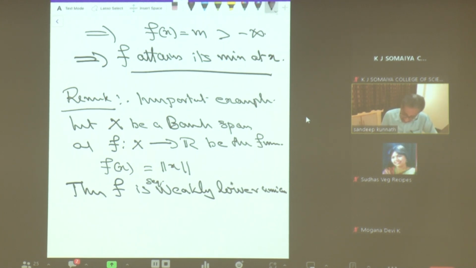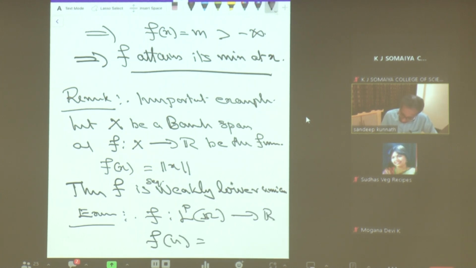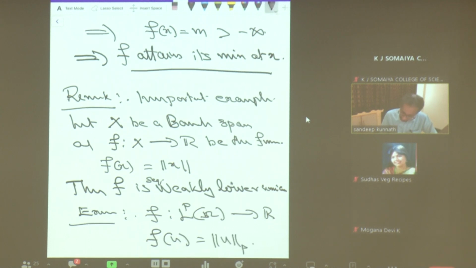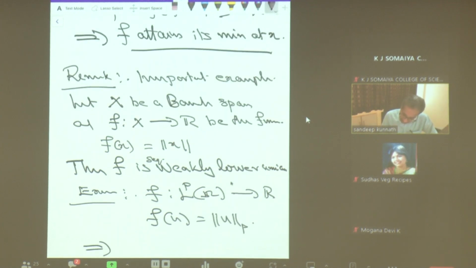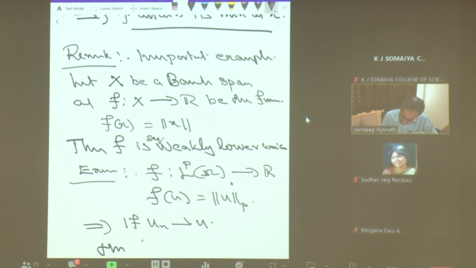Some special cases, for example: if you have a function f from Lp of R or Lp of omega to R, given by f of u equal to its Lp norm, then if a sequence u_n converges weakly to u, the Lp norm of u is less than or equal to the limit as n goes to infinity of the norm of u_n.